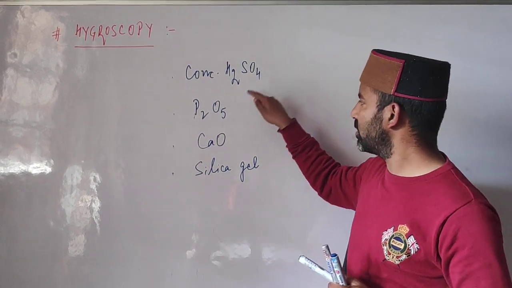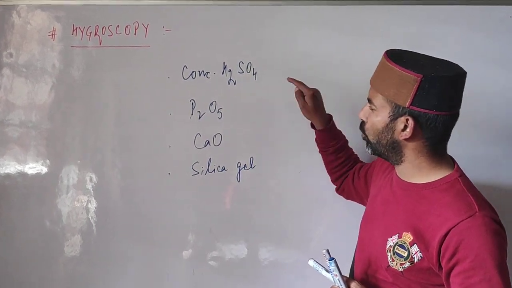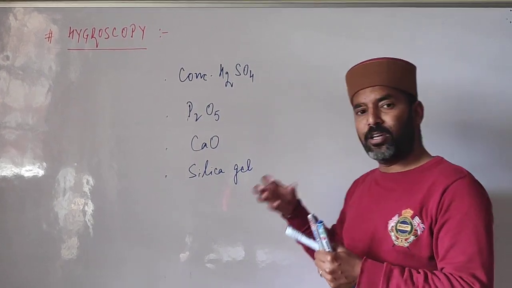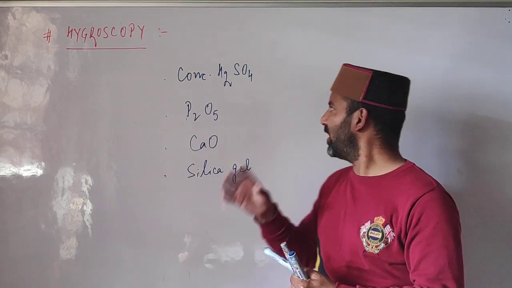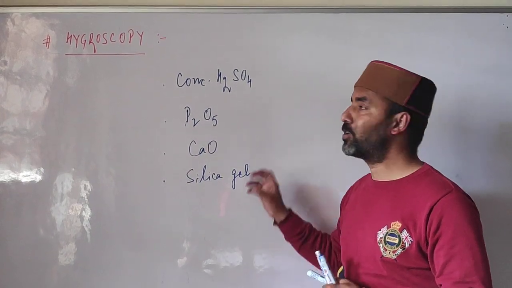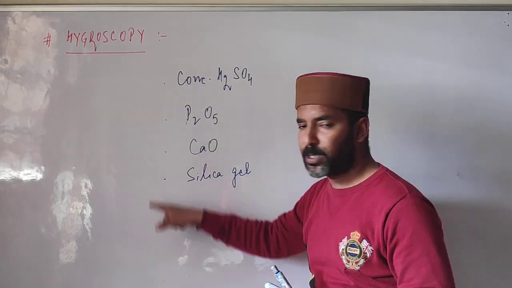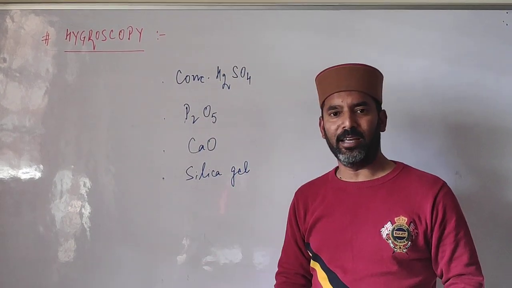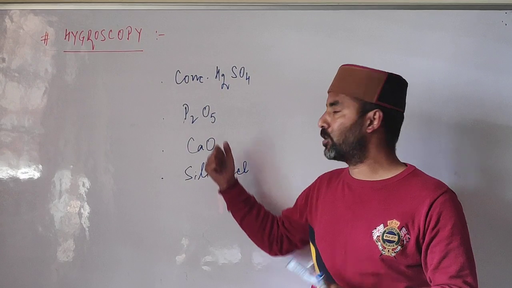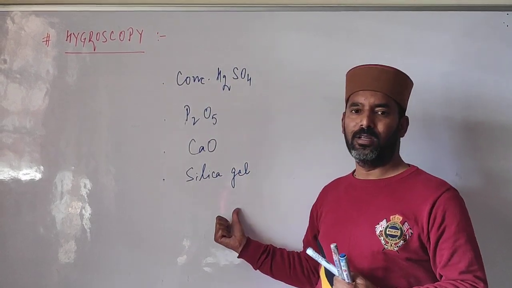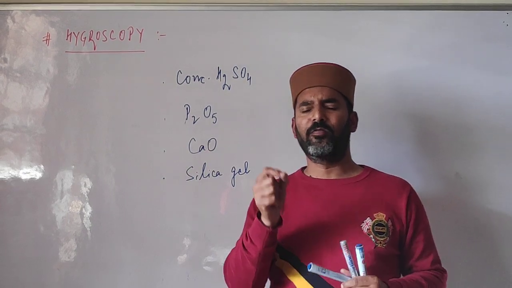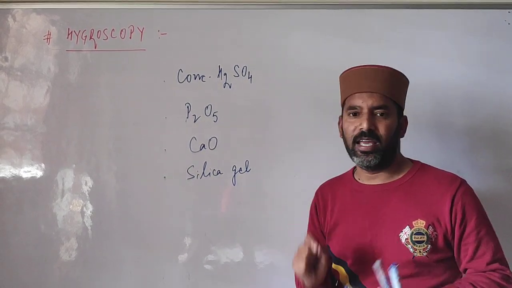All these substances like concentrated H2SO4, P2O5, calcium oxide, silica gel, they are very good drying agents. And why are they used as drying agents? Because they are hygroscopic. ये सब substances किसी दूसरे substance से moisture को absorb कर लेंगे because of great affinity for water, and thus all hygroscopic substances are very good drying agents.